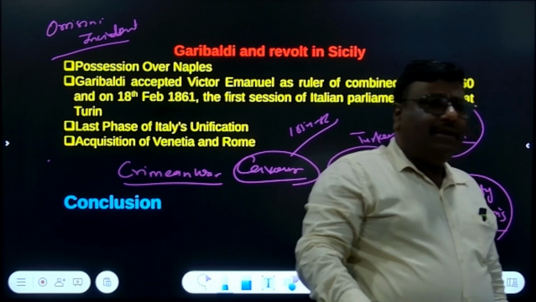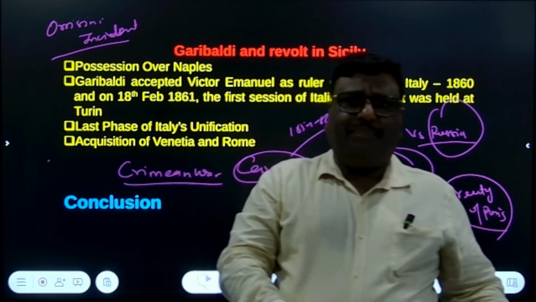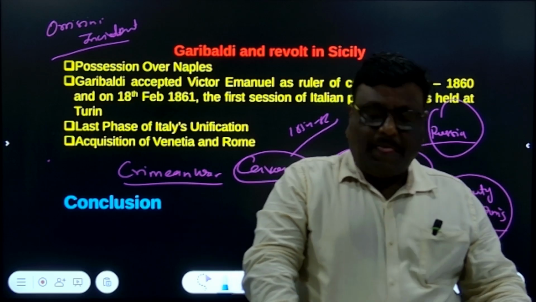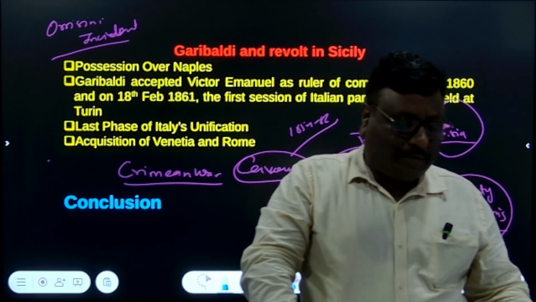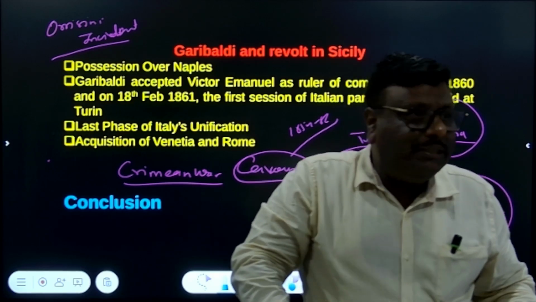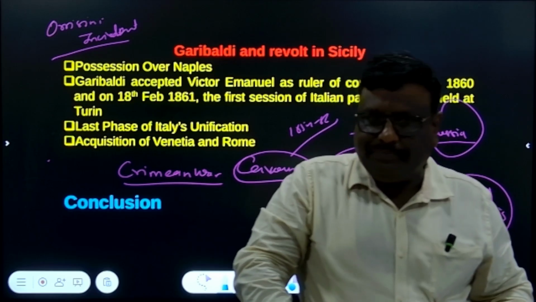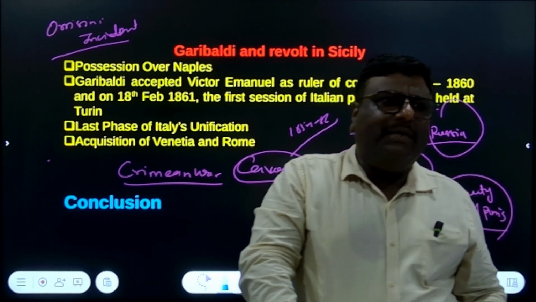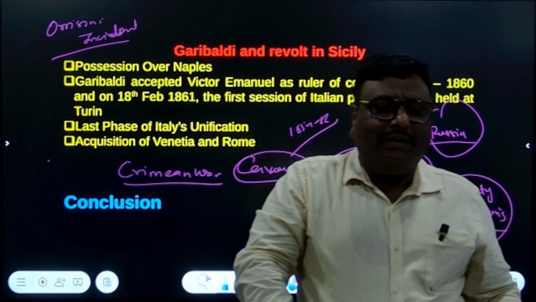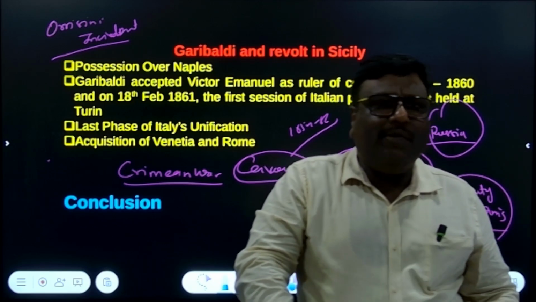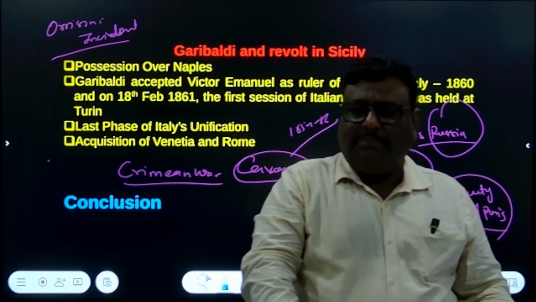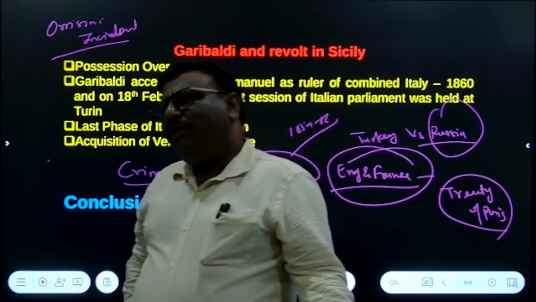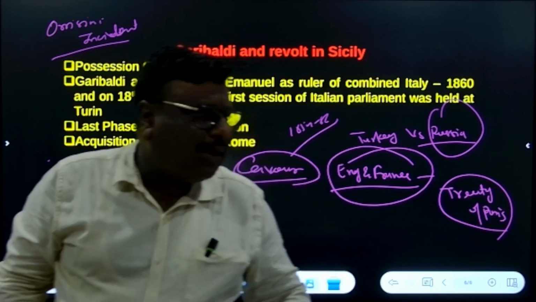However, Cavour condemned this crime done by Orsini, but Orsini sent a letter to Napoleon and asked why you are silent in the matter of nationalism. You are the father of nationalism and you are silent in the matter of the unification of Italy.